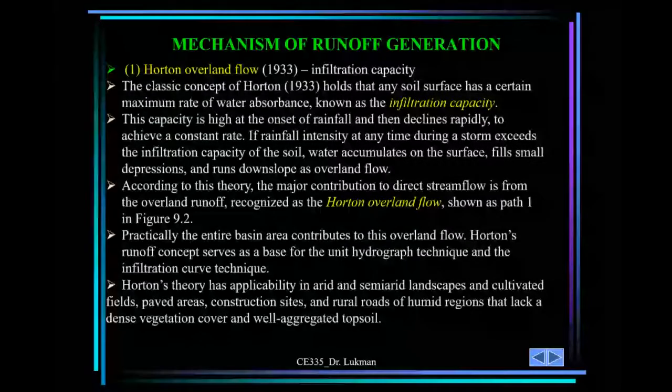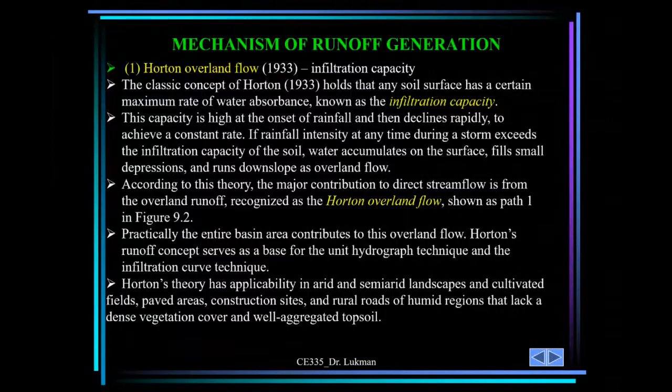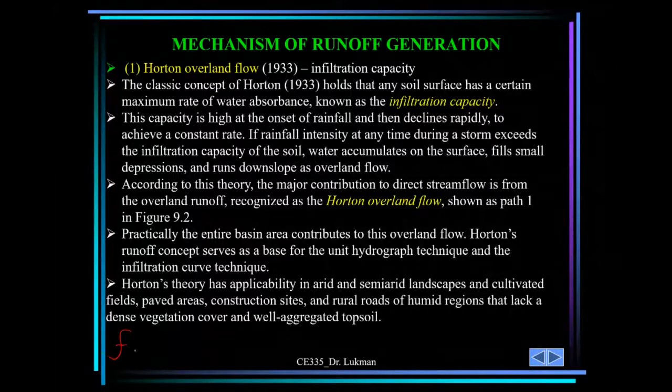Now, mechanisms of runoff generation. This we started discussing in chapter 4. In chapter 4, we looked at the Horton overland flow, where we looked at Horton's infiltration equation, which is F, the infiltration capacity, given by F = Fc + (F0 - Fc) e^(-kt).